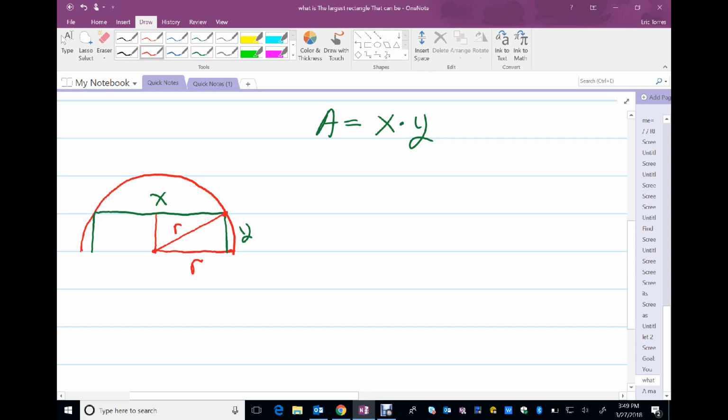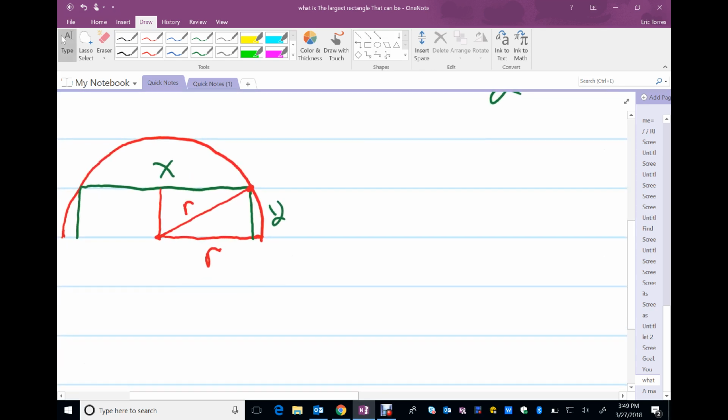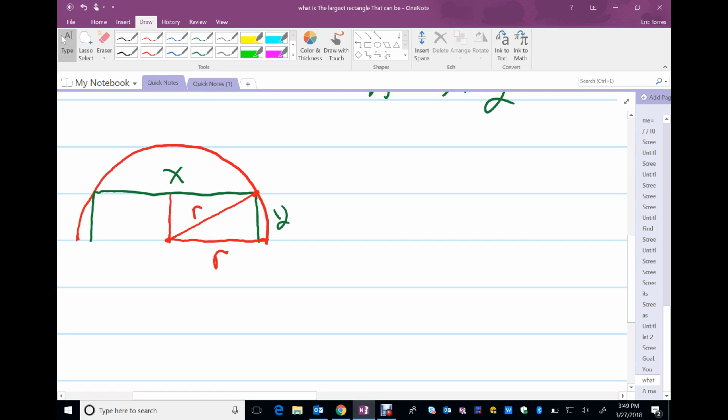Now, don't confuse yourself. X is not 2r because it doesn't go all the way out here. So, take a good look. X is clearly smaller than 2r.